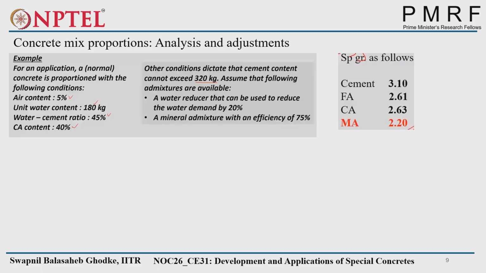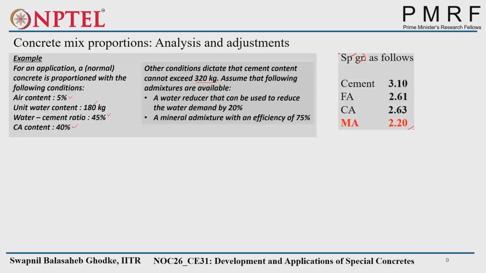Then we have coarse aggregate content. So 40% means how much? 400 liters, right? So we have air, water, cement, and coarse aggregate. So how much will be the fine aggregate then? 241, right? Everyone got it?